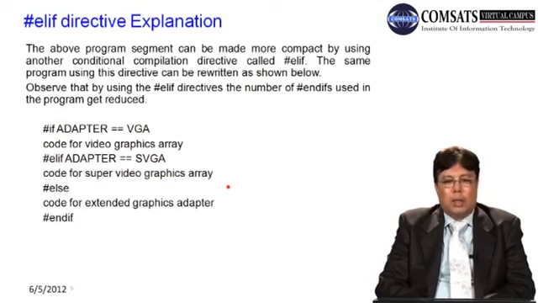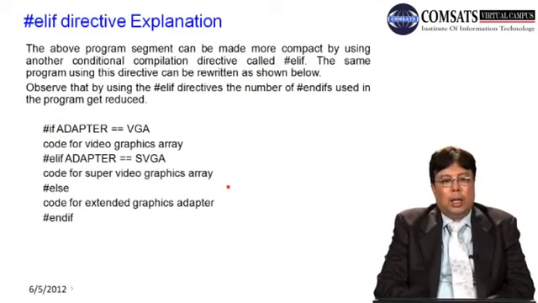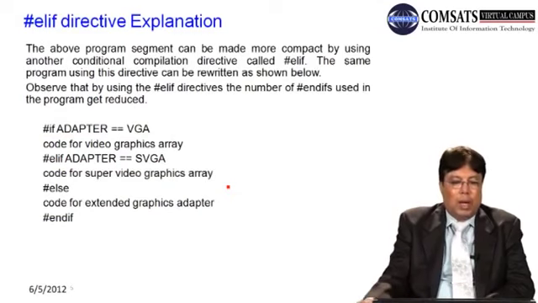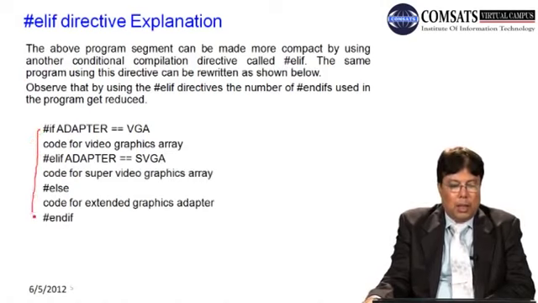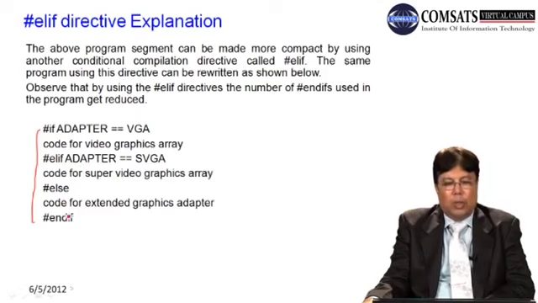So we can repeat that with the else if directive, elif, also. With if we can also have else if, and then you can see that the code becomes even more compact. If adapter is VGA, then this code, else if adapter is SVGA, code is this one, else the code is this one.